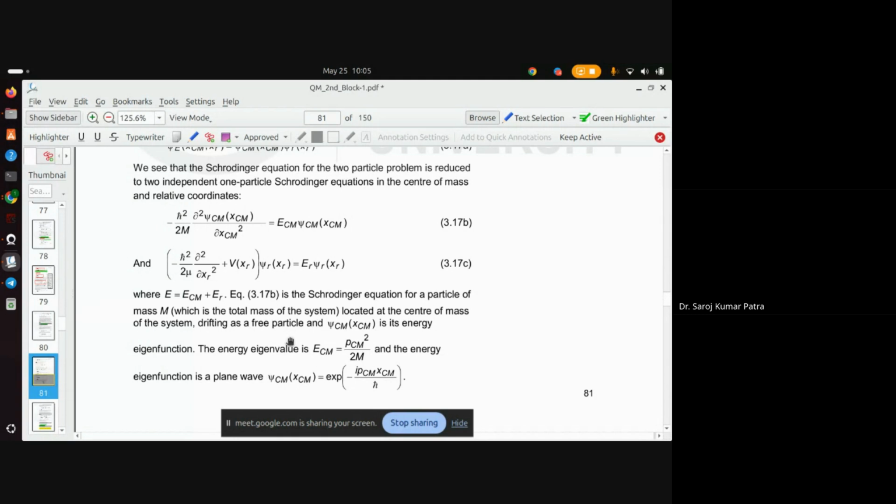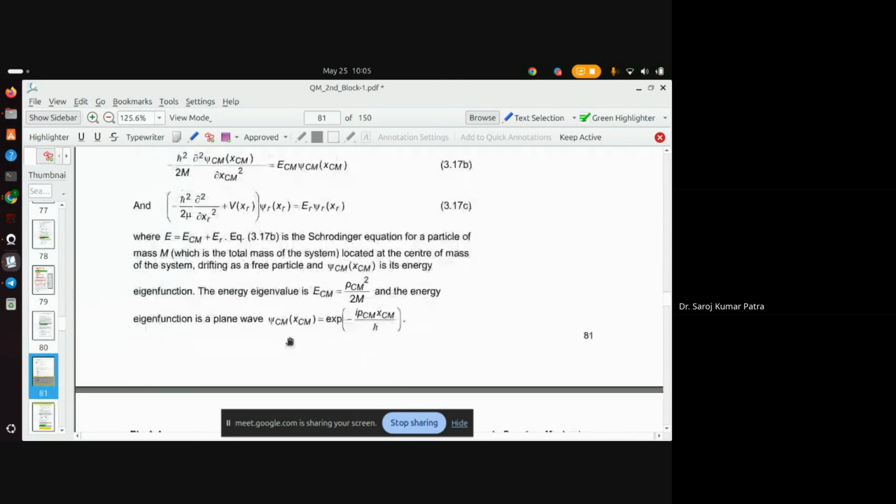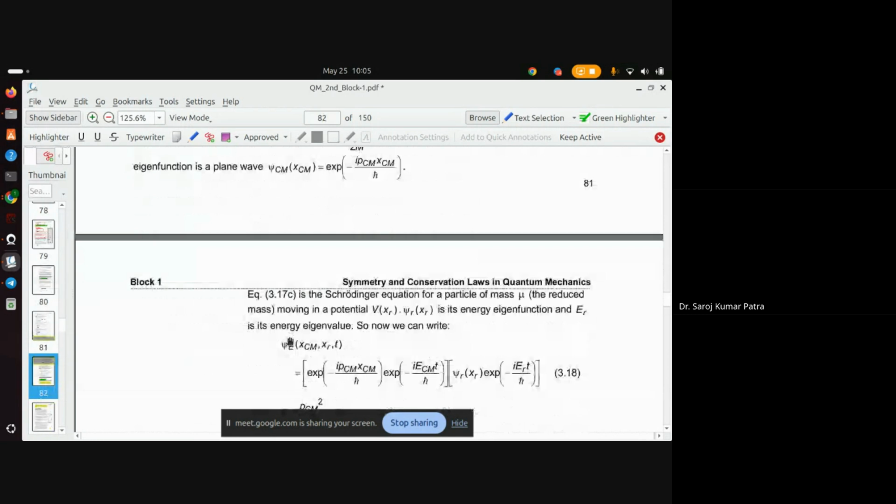Because that will be exponential minus i ECM t by h cross, exponential minus i ER t by h cross.